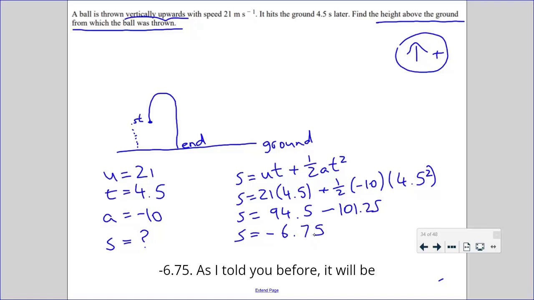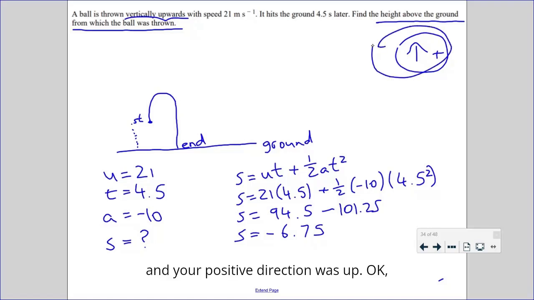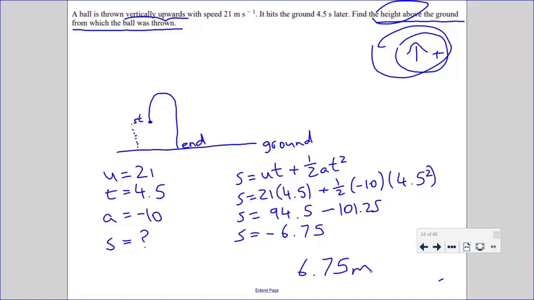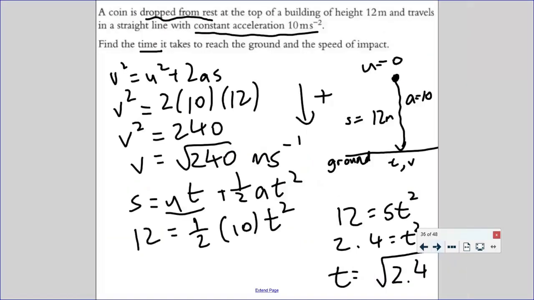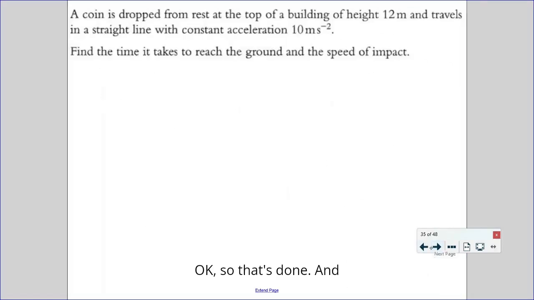As I told you before, it will be negative because your displacement is down, because the ending point is down and your positive direction was up. So S is negative 6.75. The question is saying find the height, so the height will just be 6.75 meters. They're not asking for the displacement, they're asking for the height, and height is always positive.